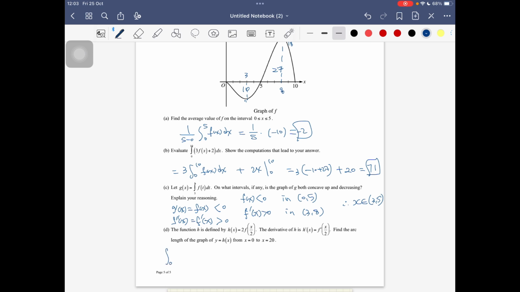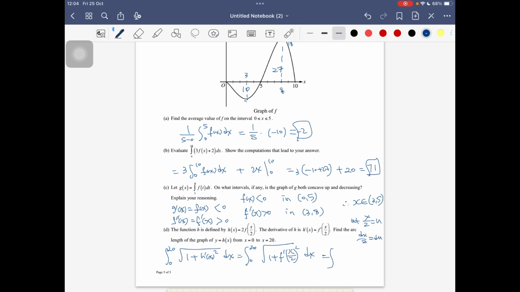Okay, so the integral from 0 to 20 of the square root of 1 plus f prime of x squared dx. That is the integral from 0 to 20 of f prime of x over 2 squared dx. So let u equal x over 2, then dx over 2 is du.